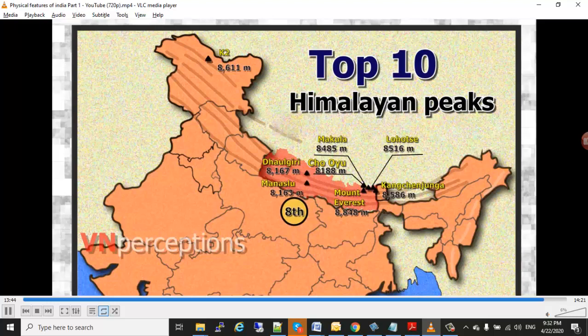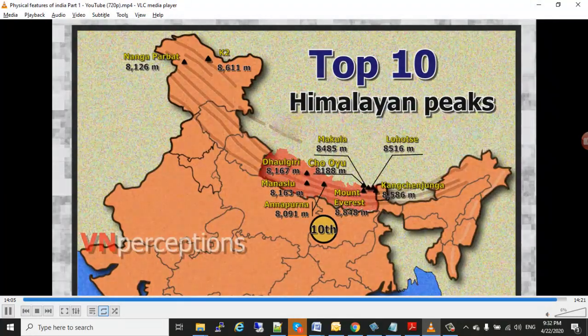Eighth place goes to Manaslu. And the ninth highest peak you can see is Nanga Parbat. And 10th place is Annapurna.